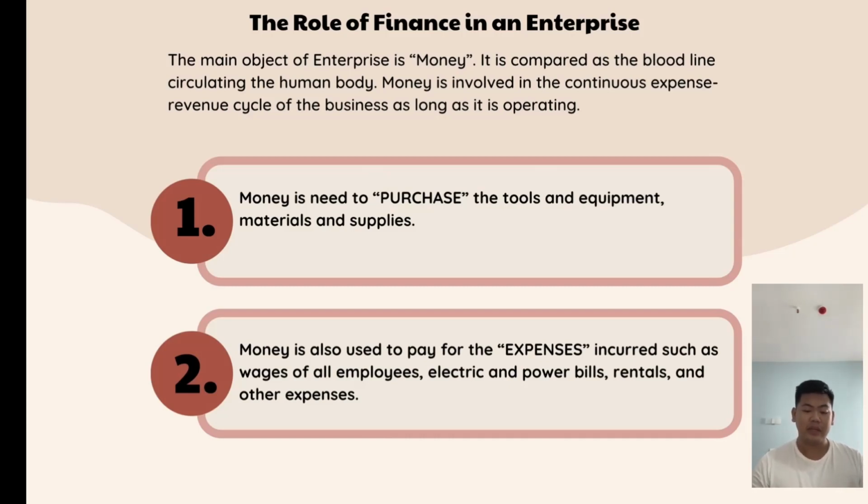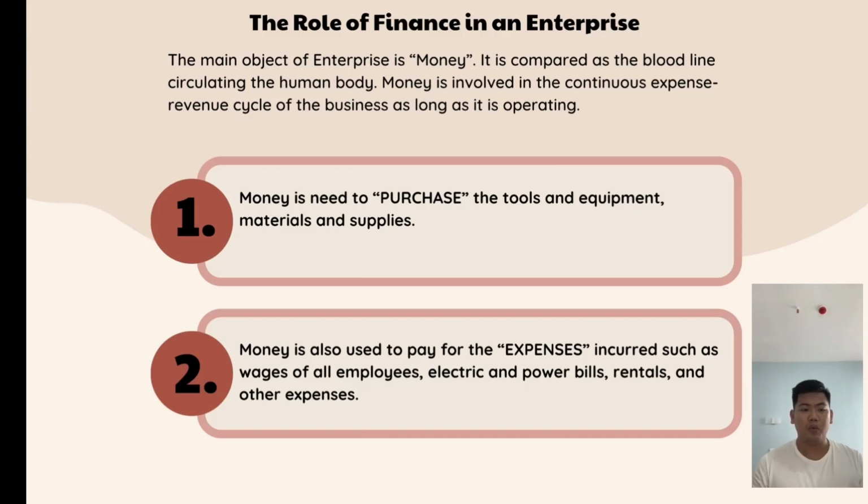And the second is money is also used to pay the expenses incurred, such as wages of all employees, electric and power bills, rentals, and other expenses. So the second purpose of the money is for the expenses. So we cannot pay the wages expense, rental expense, or the electric bills expenses if we don't have enough money to provide for our business.